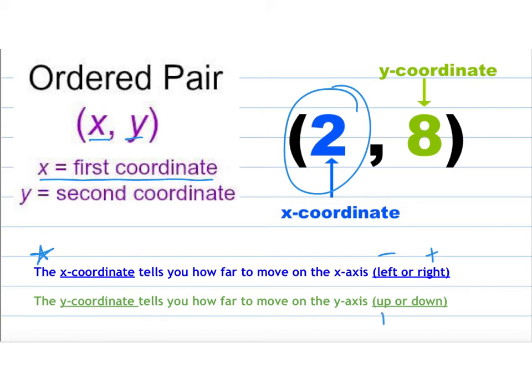Again, if it were a positive number, we would go up on the y-axis, and if it was negative, we would go down on the y-axis. So in this example 2, 8, this would tell us that we are going right 2, up 8. Okay, so just knowing what those numbers represent and how they tell us to move on our coordinate plane.